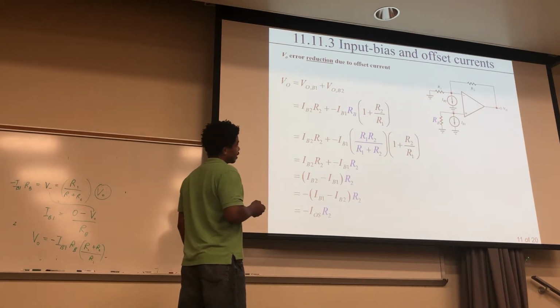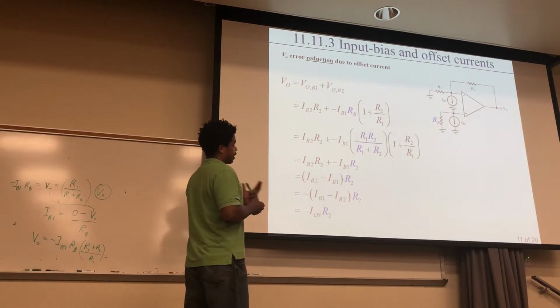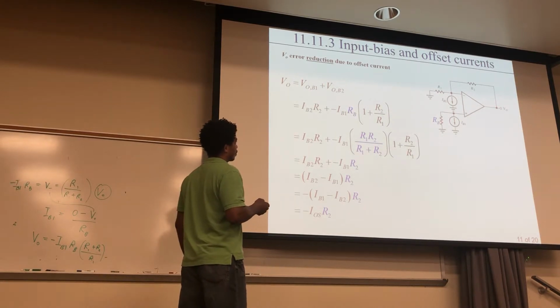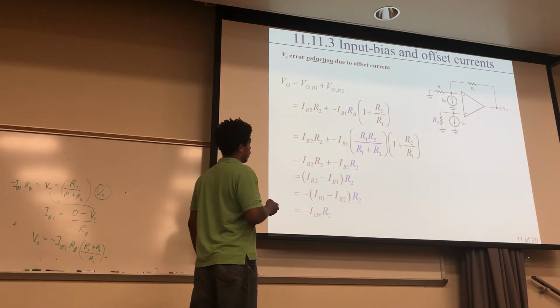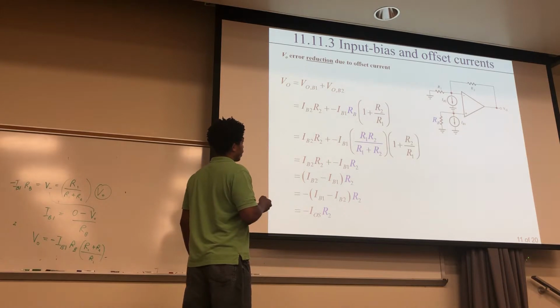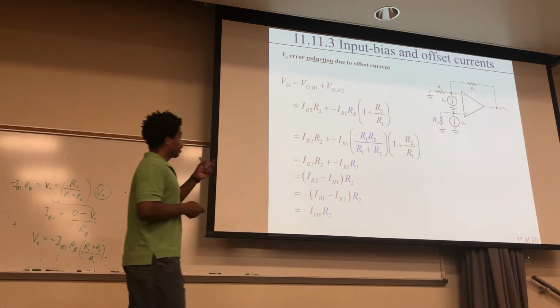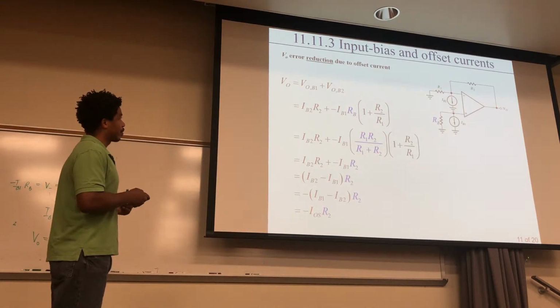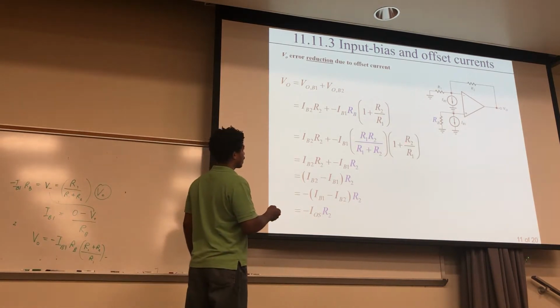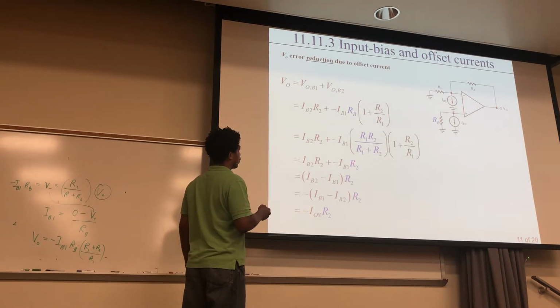Now, if we choose it with some insight that this RB is really equal to this right here, which looks like something in parallel, right? R1 and R2 in parallel. So if you are able to dial in your resistance to set it equal to that, then if you multiply it with this, it just equals R2.